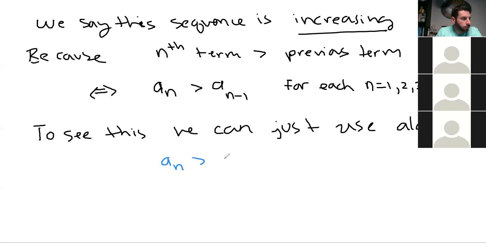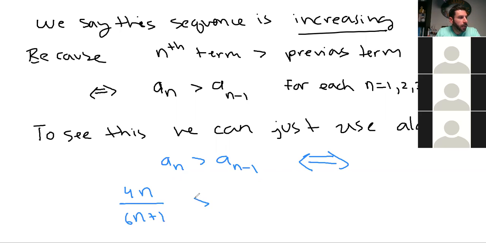This guy is greater than the previous guy if the following is true. Let's plug in what each one means. This guy is 4 times n over 6 times n plus 1. And the guy on the right-hand side is 4 times n minus 1 over 6 times n minus 1 plus 1.